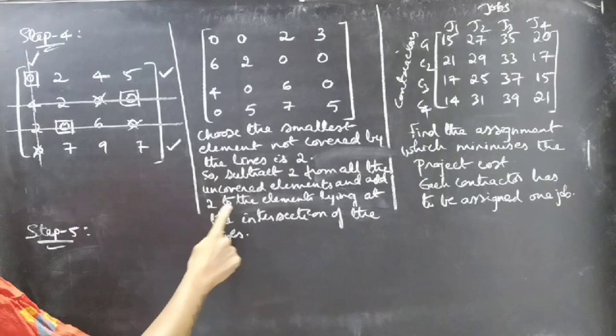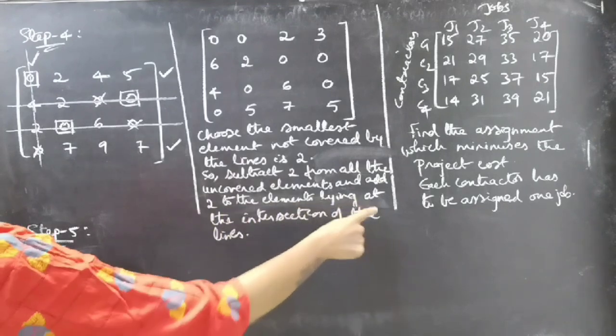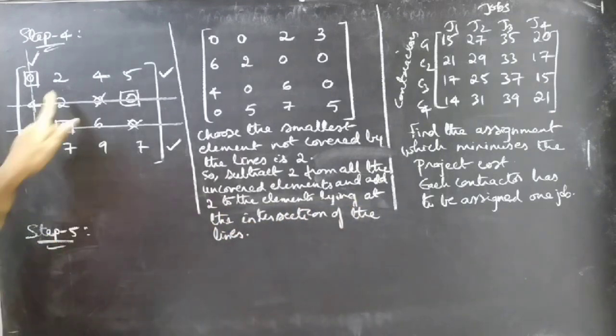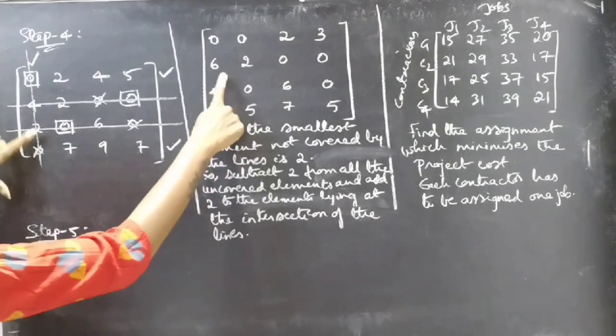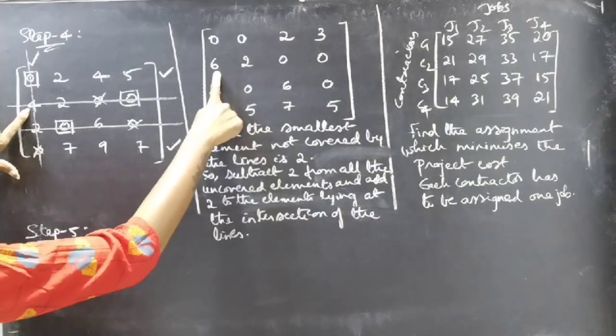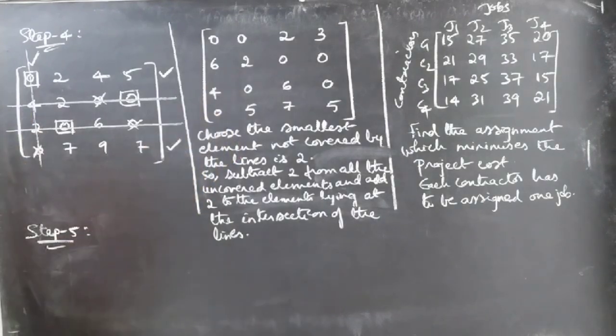And add 2 to the elements lying at the intersection of two lines. We have added 2 to this 4 and 2. See, we got 4 plus 2 is 6, 2 plus 2 is 4, right? Fine. Now let's try to make an assignment.